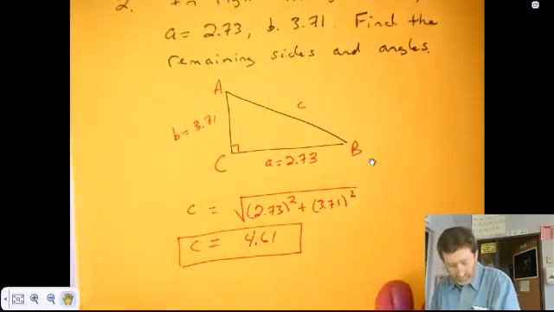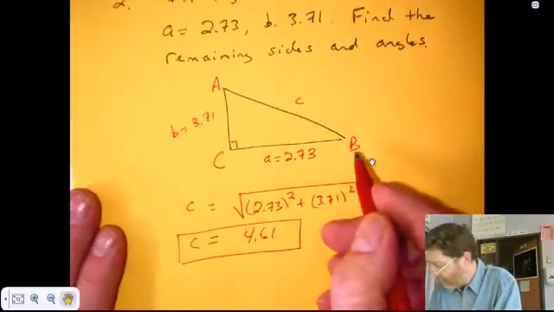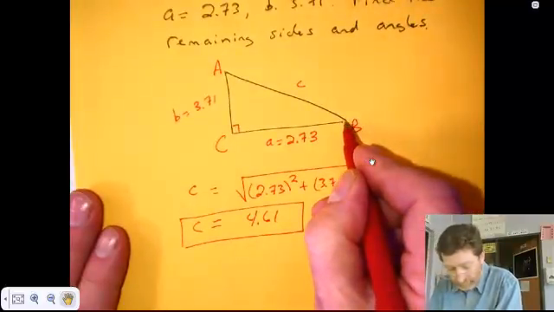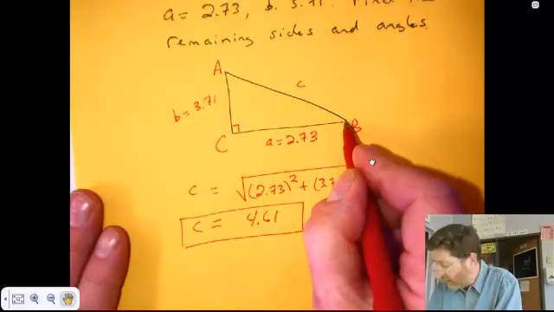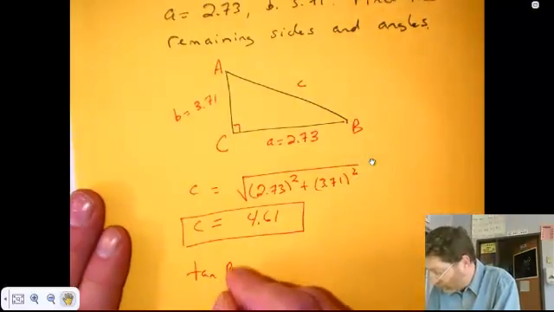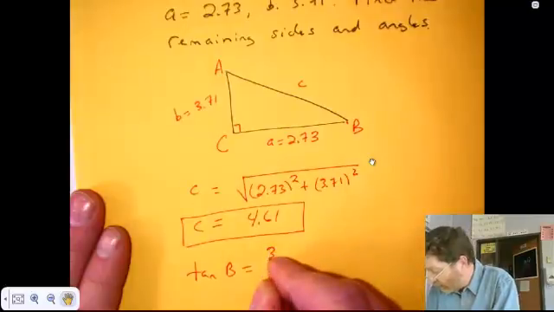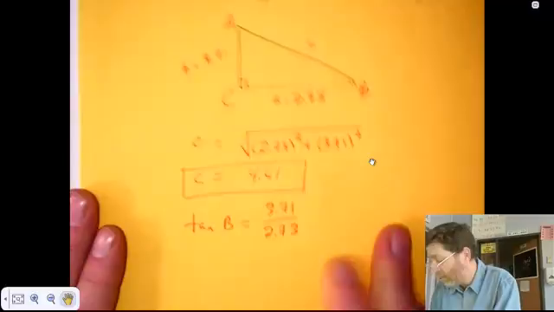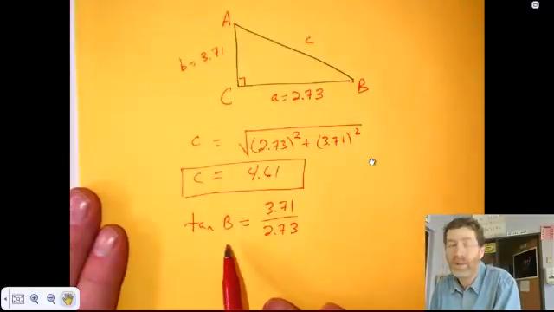And then, of course, I need to find A and B. Well, let's see. So from angle B, I have the opposite and adjacent. Well, that would be tangent. The tangent of B has to be the opposite over the adjacent. As we remember, to find an angle, I would take the inverse trig function.